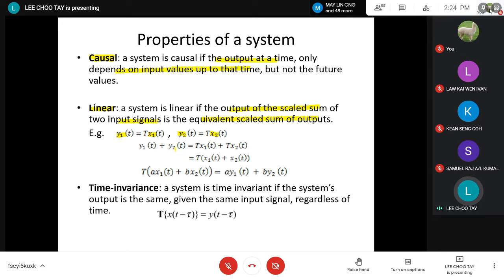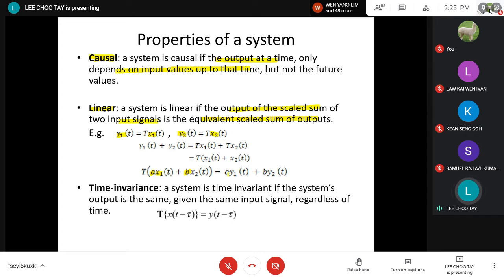So if I multiply input 1 by a factor of a, and I multiply input 2 by a factor of b, and then send the sum of these two inputs into the system, you can see that the corresponding output for each signal will be multiplied by the same factor.